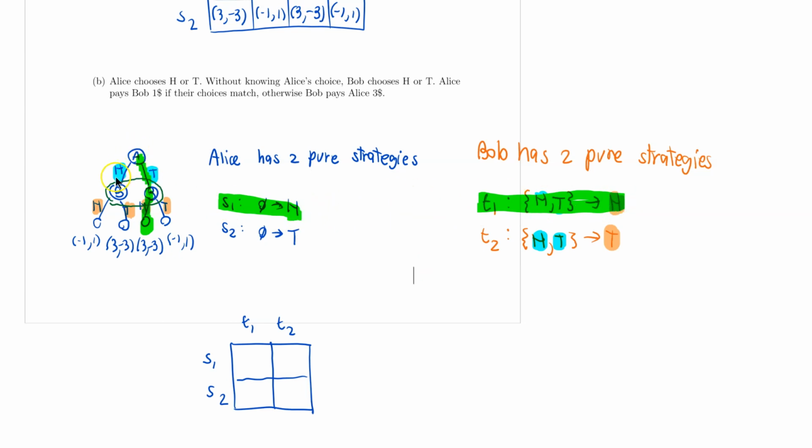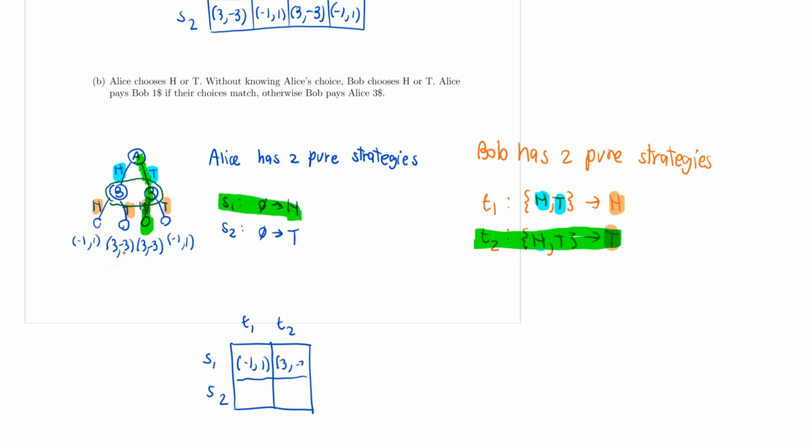So we're going to end up being both head, so the payoff is going to be -1 and 1 here. If Alice plays S1 and Bob plays T2, that means Alice will play head and Bob will play tail. So that's going to be 3 and -3.